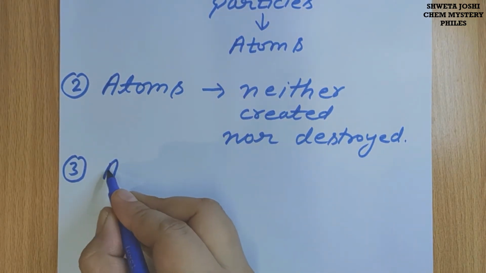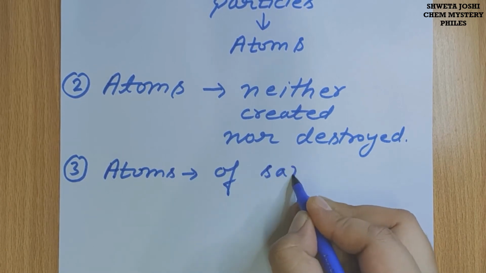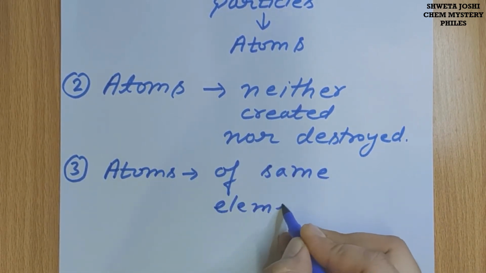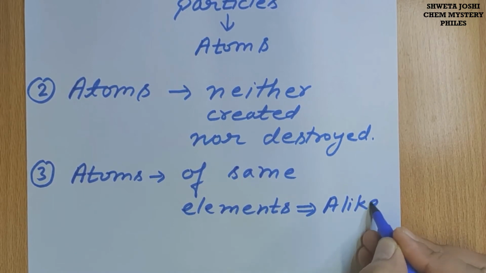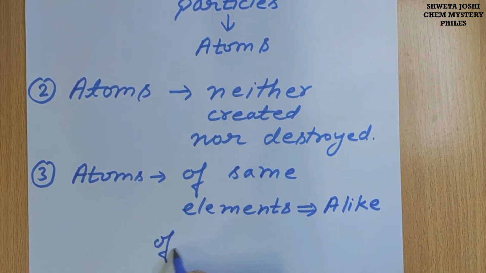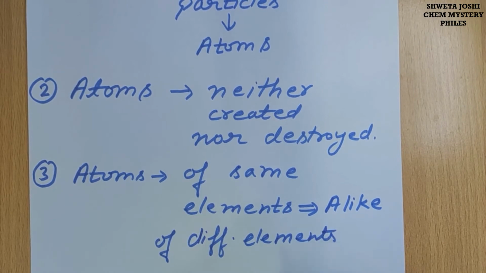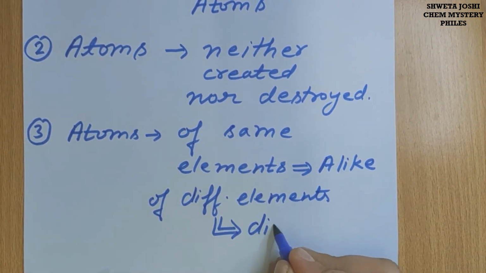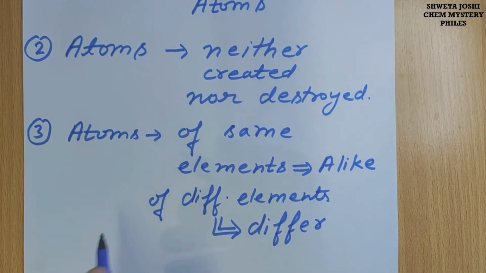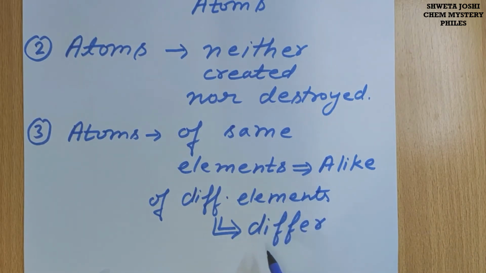It means that atoms of the same elements are all alike, that is same, and atoms of different elements show different properties. They are different in nature.